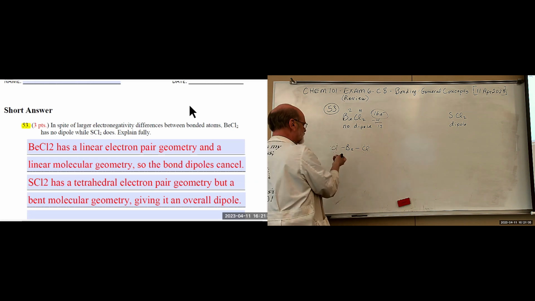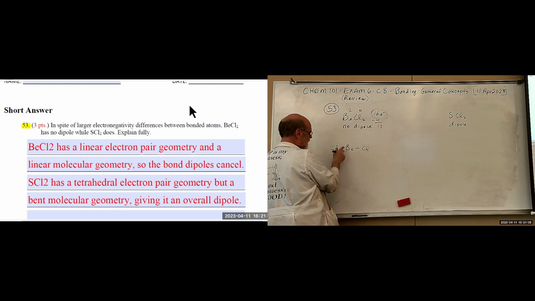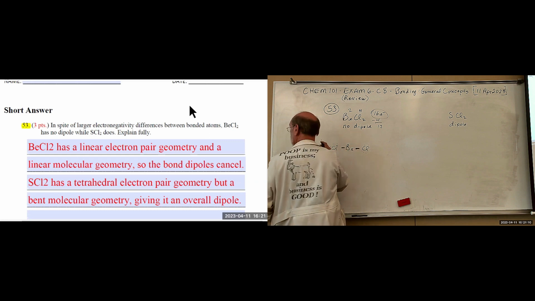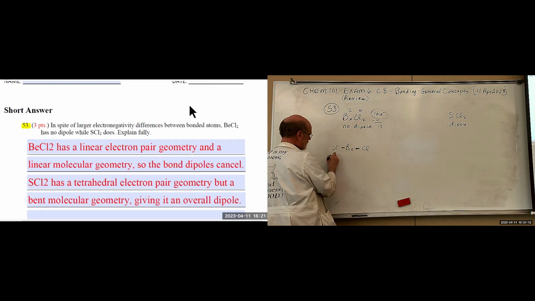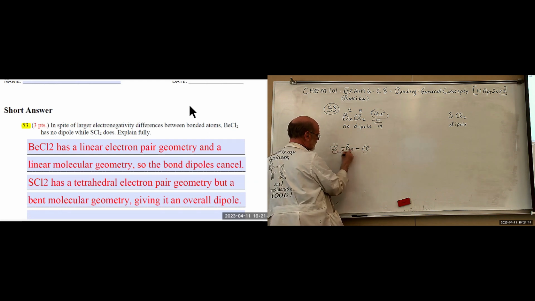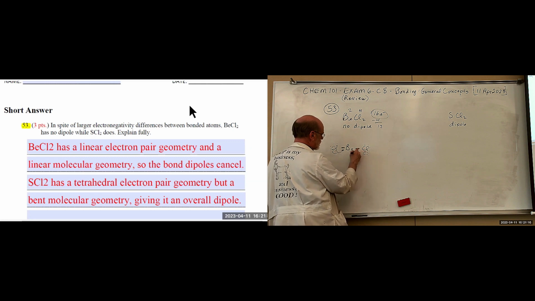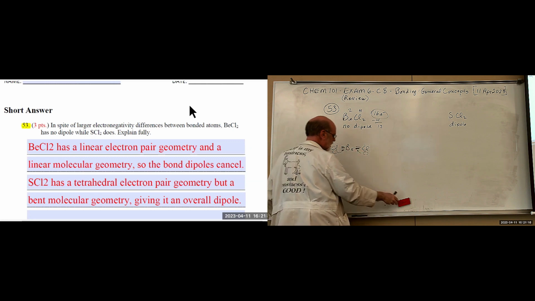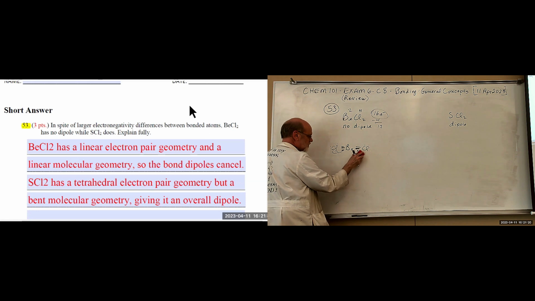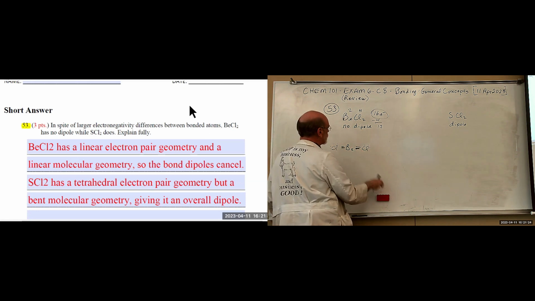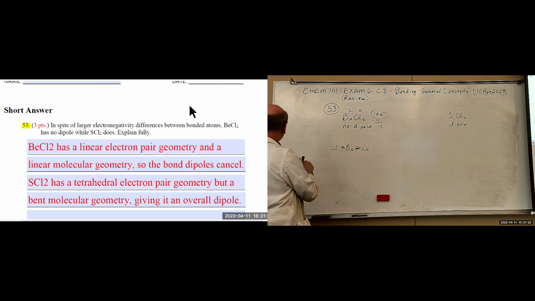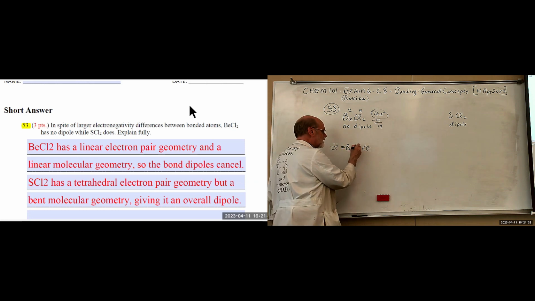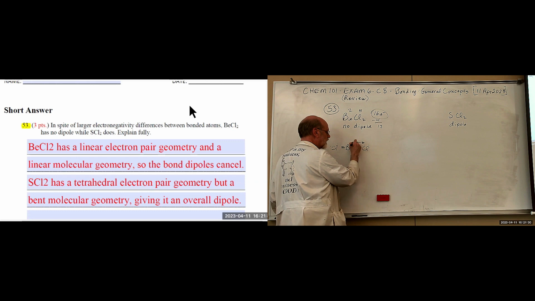And I think we did this one before. We can give beryllium an octet by moving these over here, moving those over here. So we got a double bond here and a double bond here. And these 2 are gone. Okay. Now, what's the structure here? Well, the bond polarity is this way.